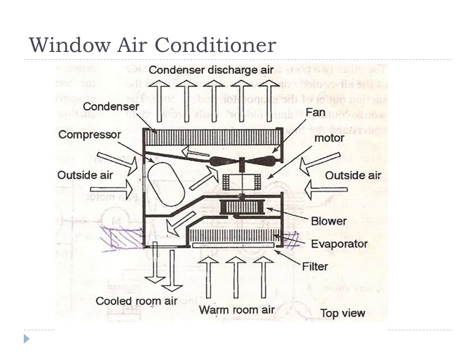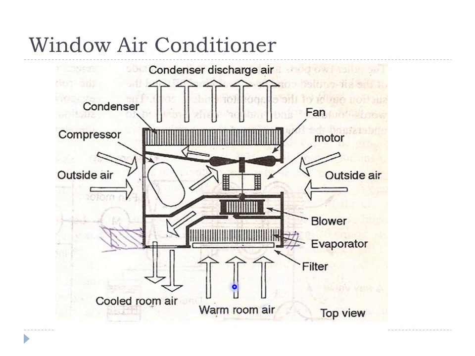To explain the working of a window air conditioner, just see the top view of a window AC. In the top view you can notice this partition, and this part is kept inside the room, and you can see the arrows showing the direction of the warm room air.